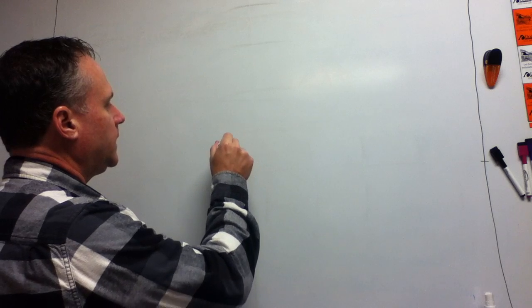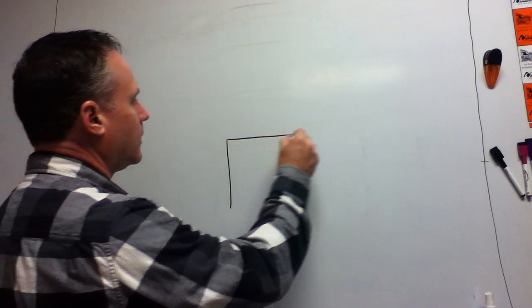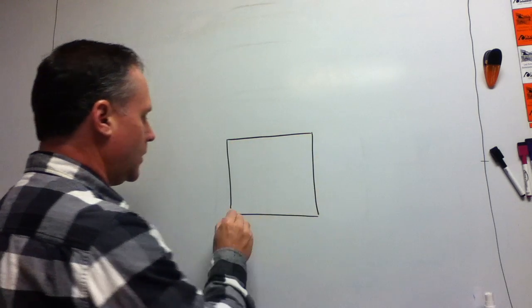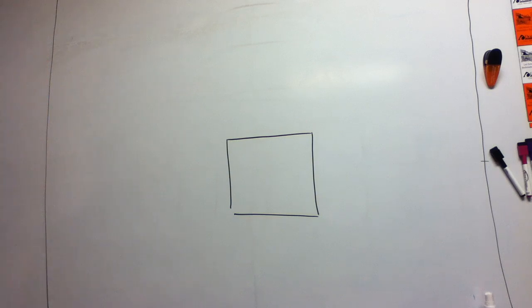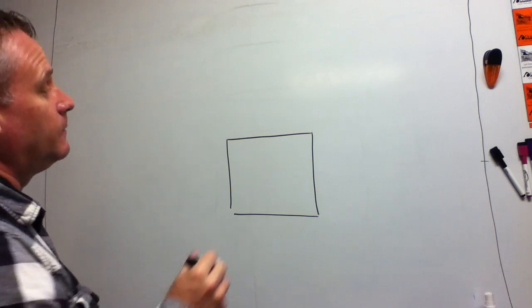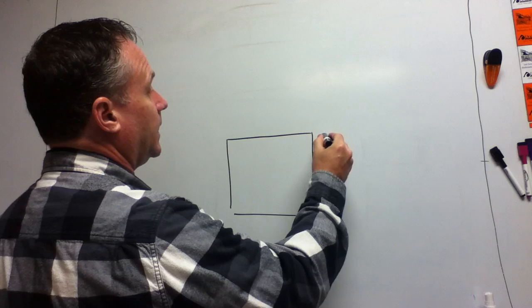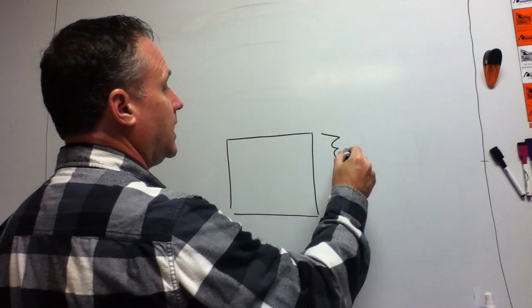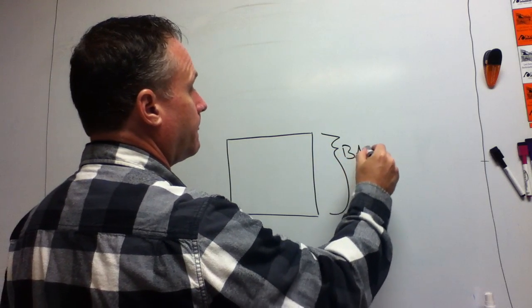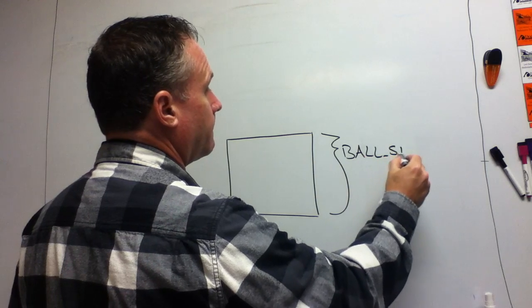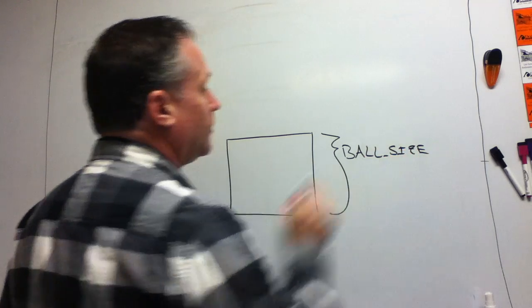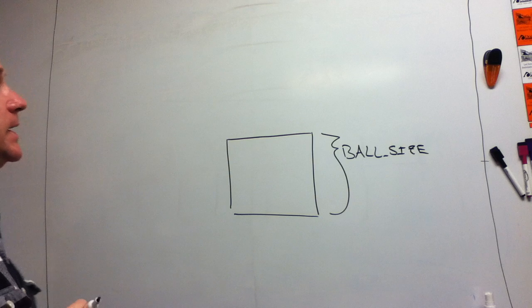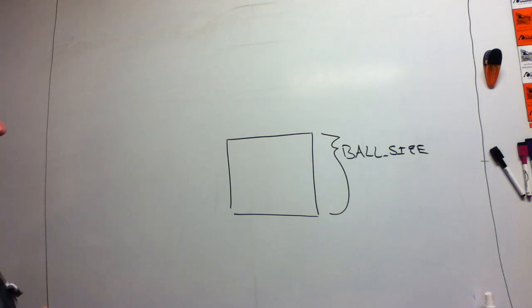Okay, we're going to represent our ball with a square, just to keep things very simple. And so one of the things we'll need to track is the size of that ball. So we'll establish a constant, ball size, which is the size on an edge of that ball.